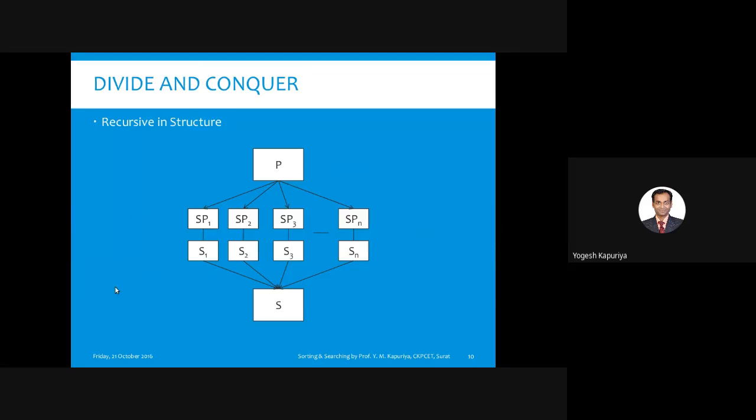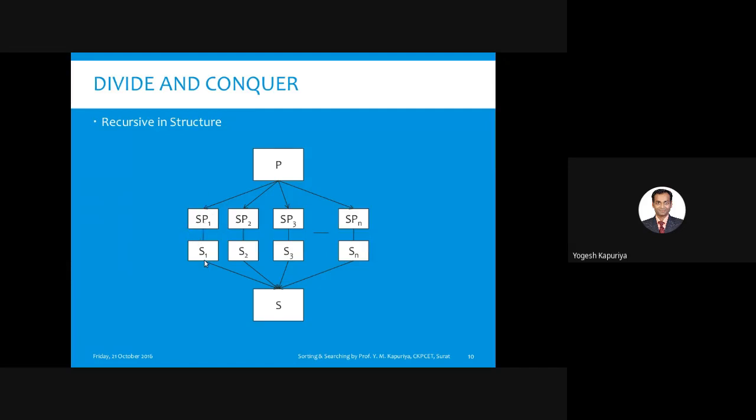To better understand this concept, let us put it this way. You have a problem. Let us say there are 100 numbers to sort. You divide your 100 numbers into sets of 10 elements each, so 10 sets are generated. Then you sort each set individually, independently.